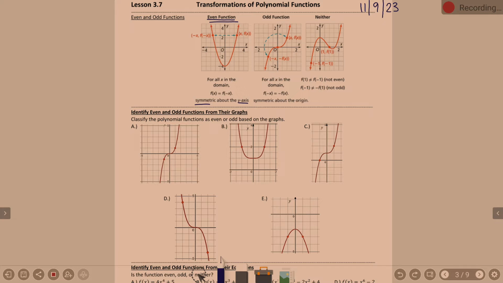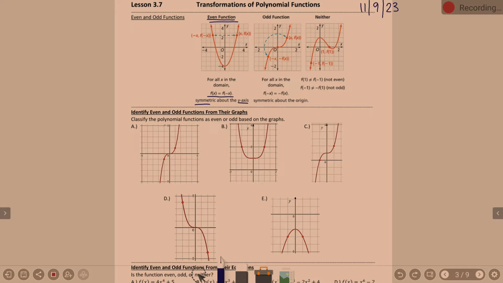So this is your even function. The other way to look at this, when you only have an equation, is that f of x equals f of negative x. That's your other option. So if a function is even, it is symmetric about the y-axis, or f of x equals f of negative x.